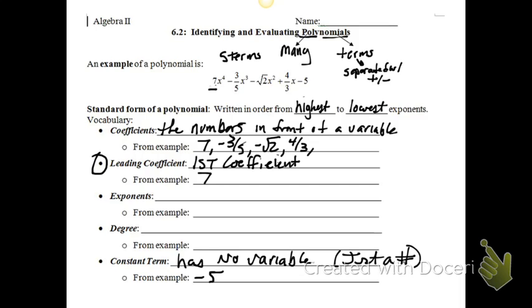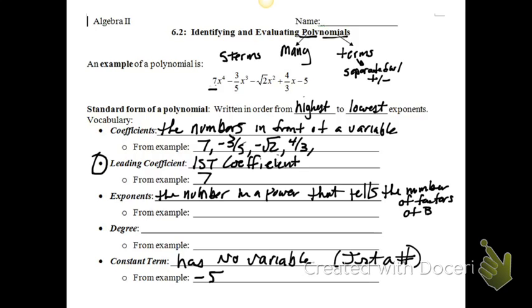Now, exponents, you guys already know the definition of an exponent. That's the number in a power that tells you the number of factors there are of the base, whatever that happens to be.